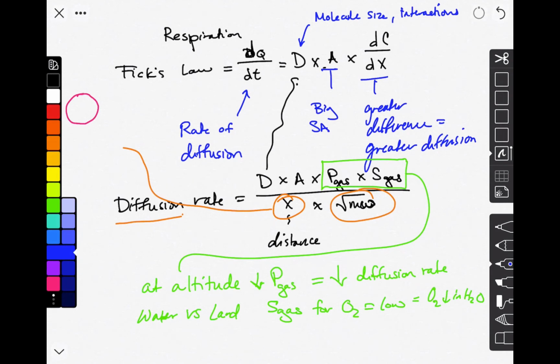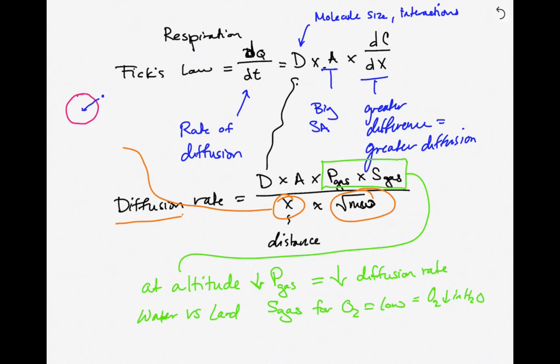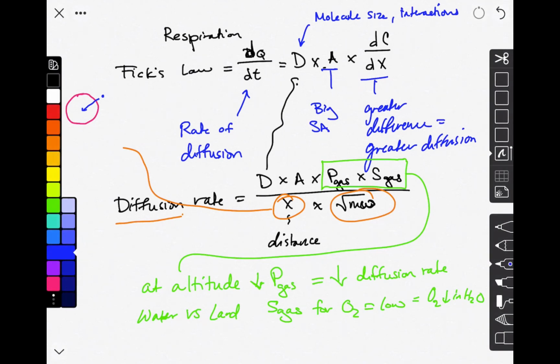So a molecule of oxygen to get into that animal is potentially going to have a long distance to travel. If instead we have an animal with a closed circulatory system, so they've got a system of vessels in there, now for a molecule of oxygen to get in, it's going to get in and then it's going to flow with the blood. And it can get anywhere.